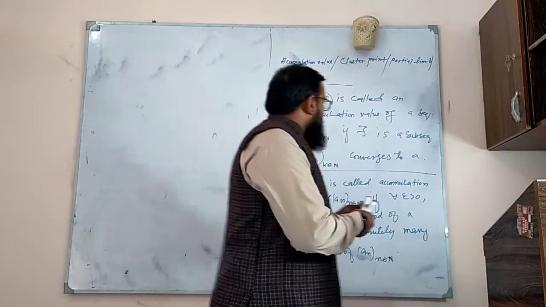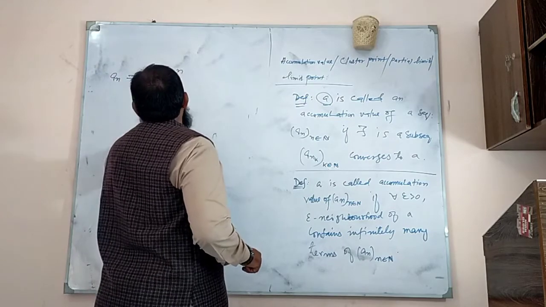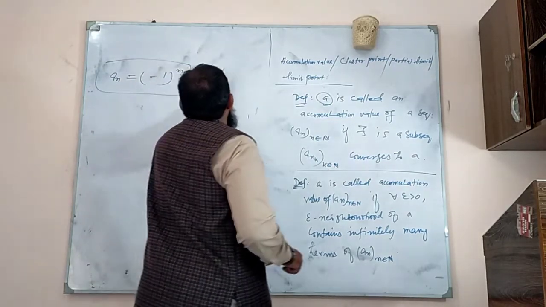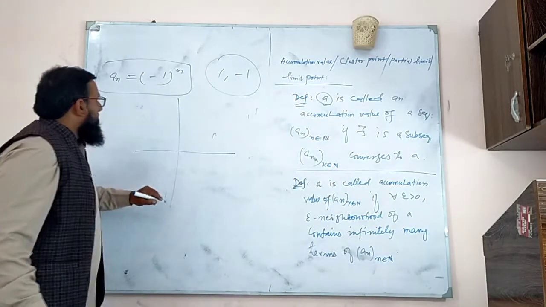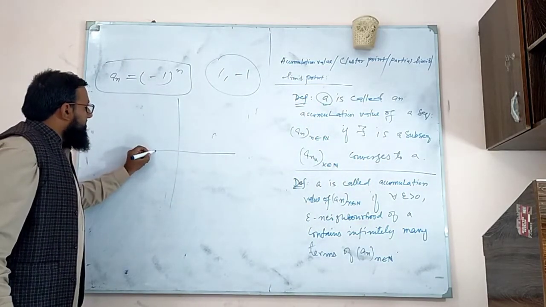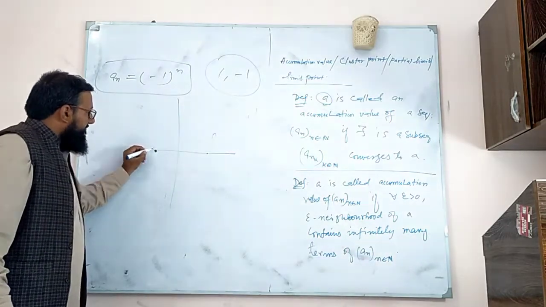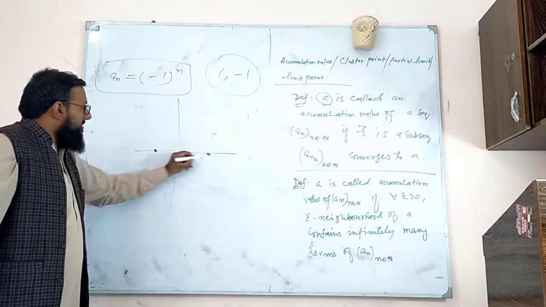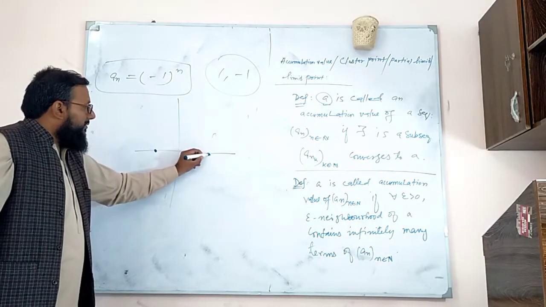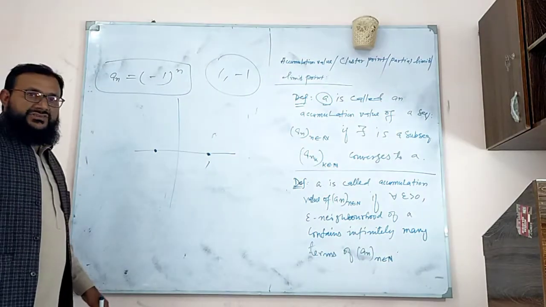So my sequence is (-1)^n. How many accumulation values? 2: 1 and -1. It means the first term of your sequence is -1, second term 1, then -1, 1, -1, 1. Now why is 1 an accumulation value?